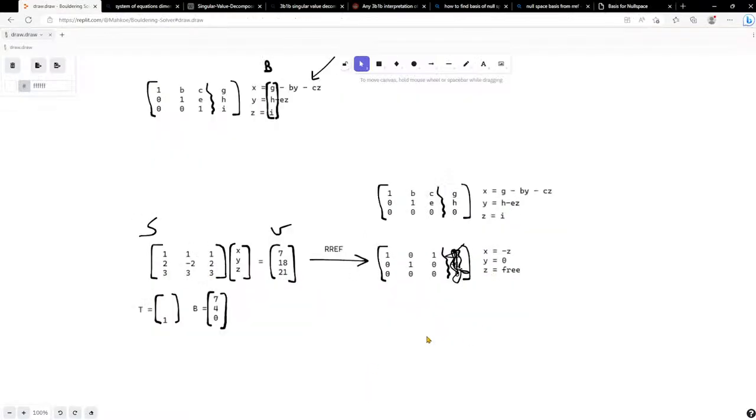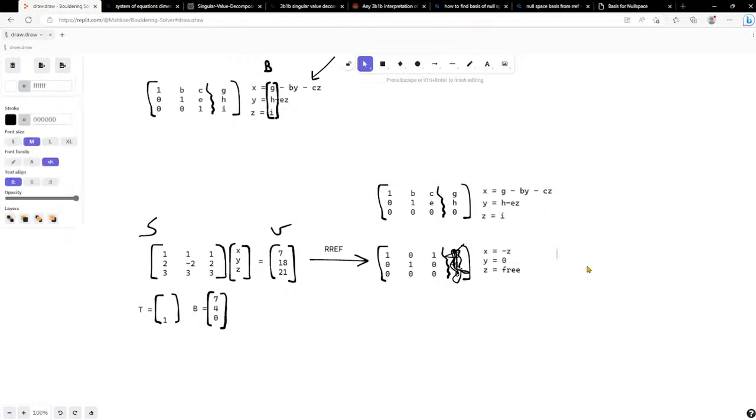So if I go back here, I say, okay, choose an orthonormal basis over the free variables, which in this case is just 1, because we've only got one free variable. And then how do we figure out the pivot variables from the free variable?